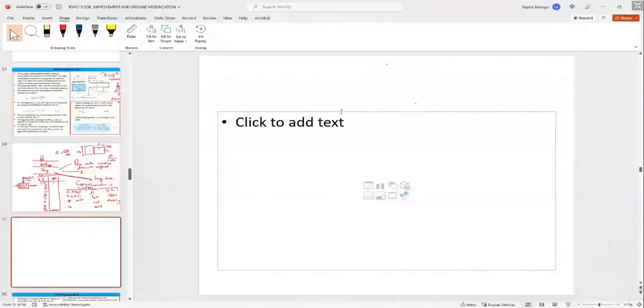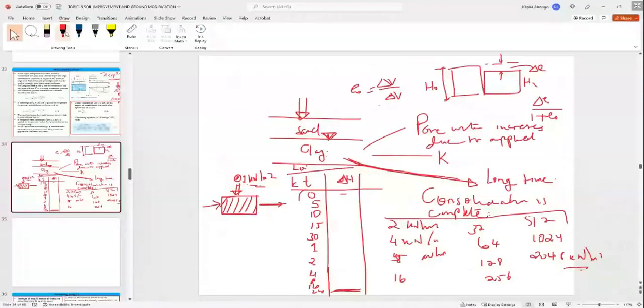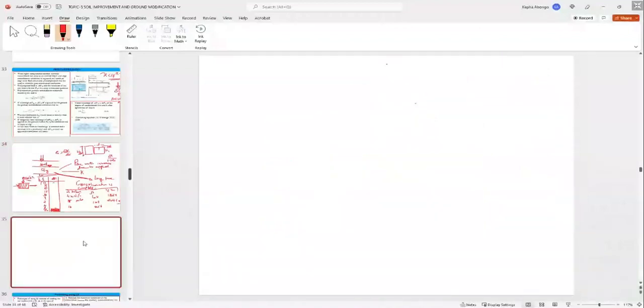So for each loading, we'll have a void ratio. We'll calculate the void ratio from the original height over the height at 24 hours for each loading. That's what we will use to calculate the void ratio.